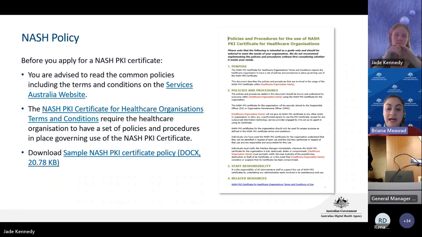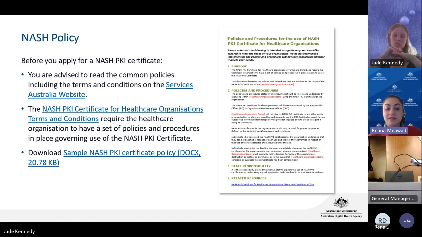So Services Australia actually requires that any organisation that uses a NASH certificate to connect to the HI service has a policy around using the NASH certificate. This is a very simple policy. This is something that is not managed by the agency, but it is managed by Services Australia.